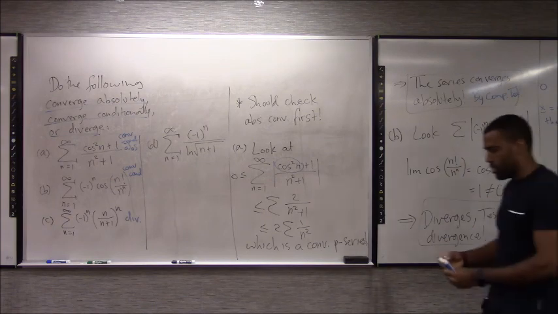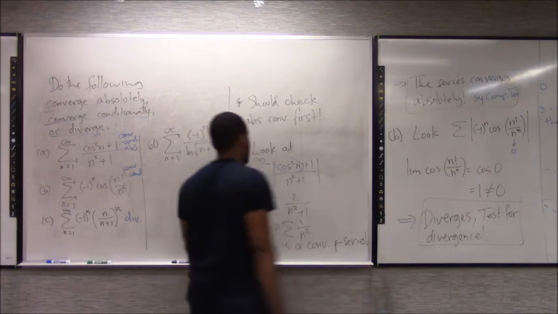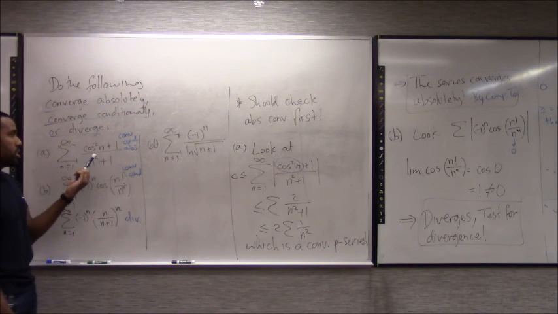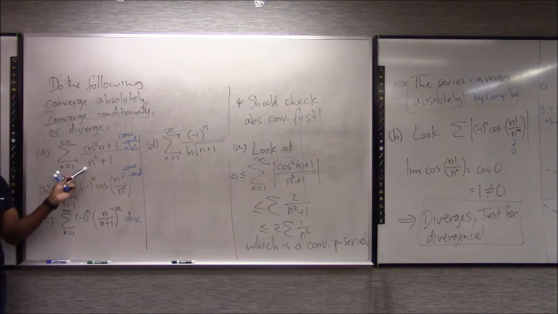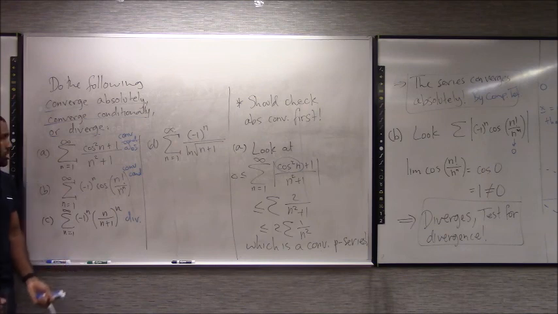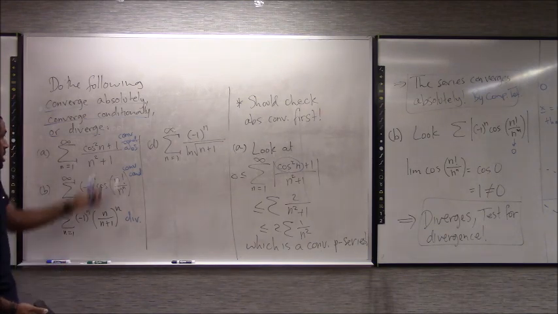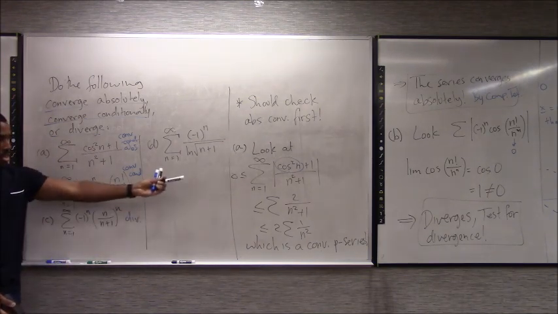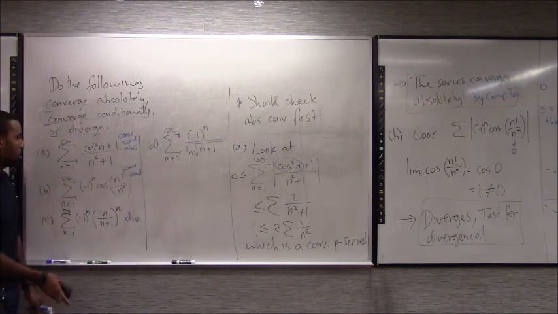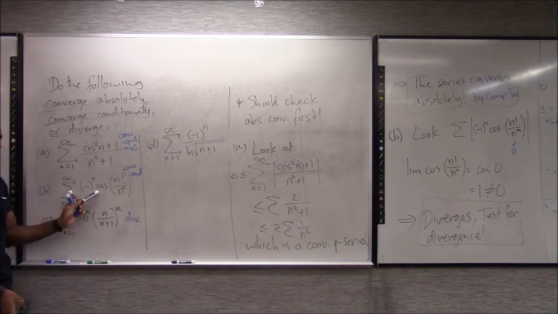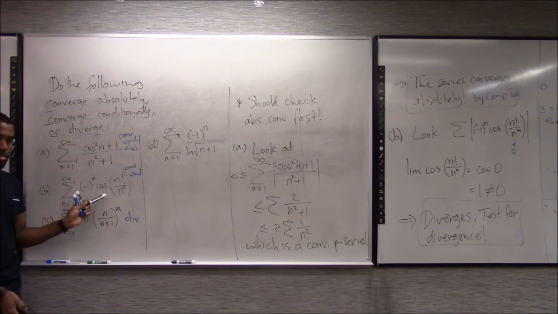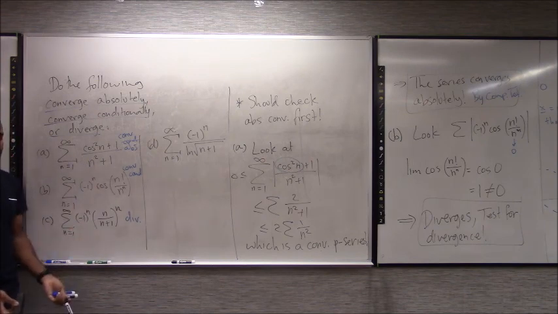Test for divergence is one of the first things you look for. I haven't looked for it here, but it's clear that this one actually went to 0 because the denominator was a square, the top was a cosine. There's no way the cosine is going to win. So that limit's going to go to 0, which is why I decided to jump in to check absolute convergence. This one though, especially just seeing the cosine there, I'm skeptical because I know cosine bounces up and down, so I'm like, the limit's probably not going to exist.